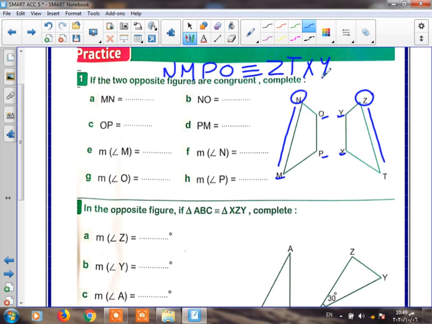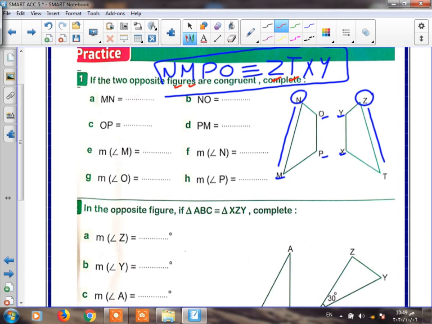Let's complete. MN equals... don't look at the figures, look at the key you wrote, the key to solve from. He said for you M, number 2 then number 1. So in the other one I will take number 2 and number 1.